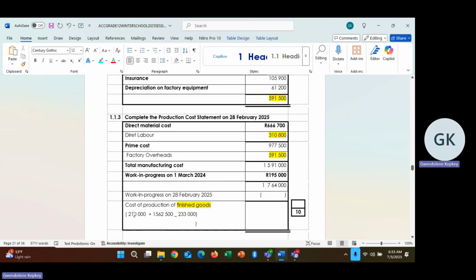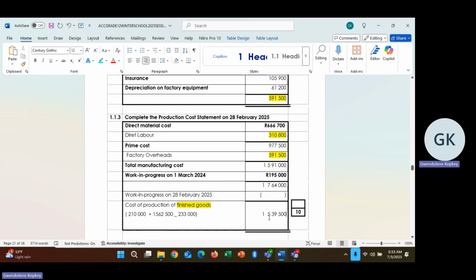Finished goods of the current year, cost of sales, finished goods of the previous year. Once I do that calculation, I will now determine what the finished goods was for the current year. If I do that calculation, give yourself a minute to do so, you come to a figure of 1,539,500.